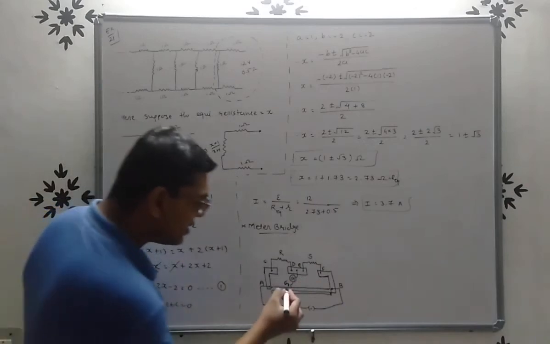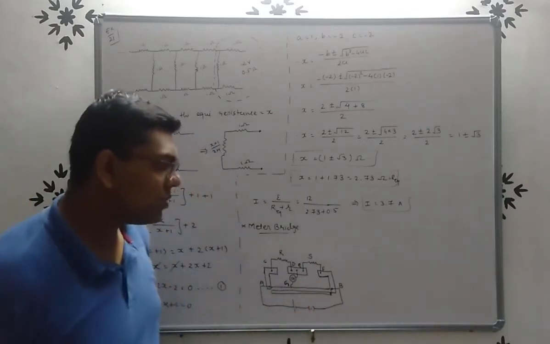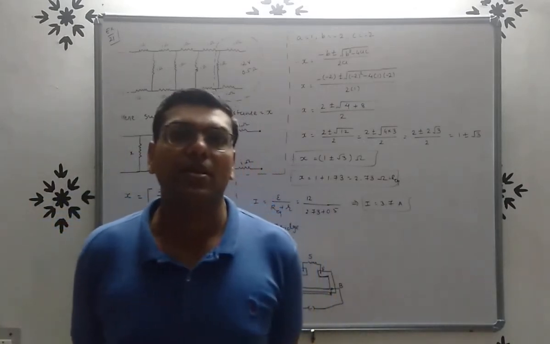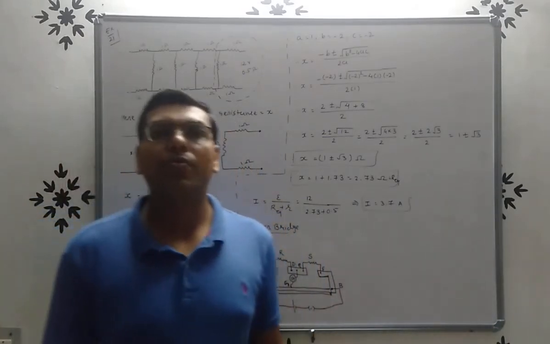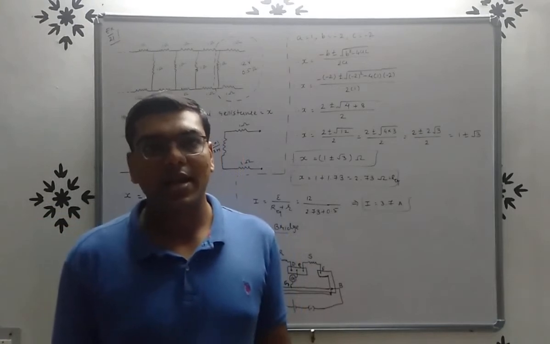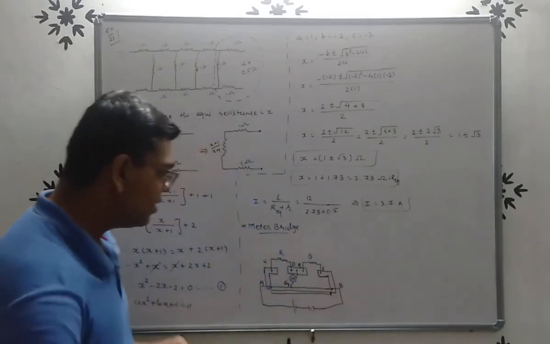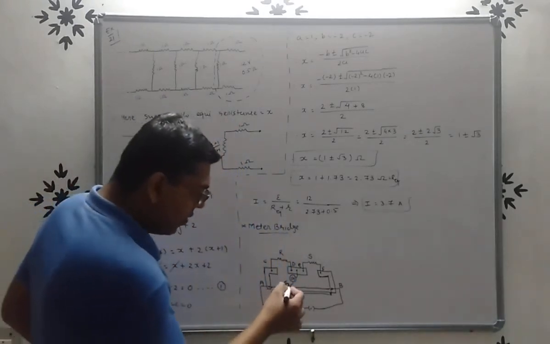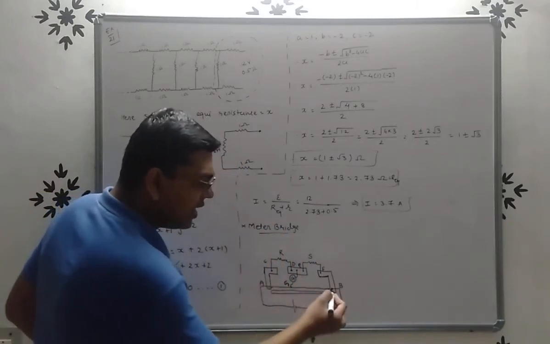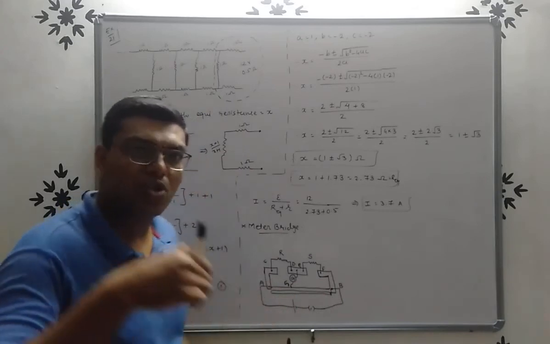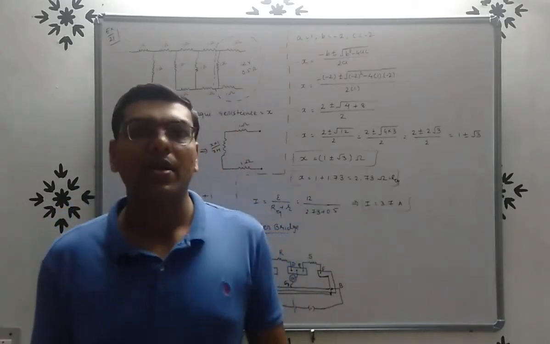So here this is the point G. Now what happens? We use the meter bridge to find out the value of unknown resistance, right? So here we move the jockey from point A to B, or we can say we move the jockey on the wire.